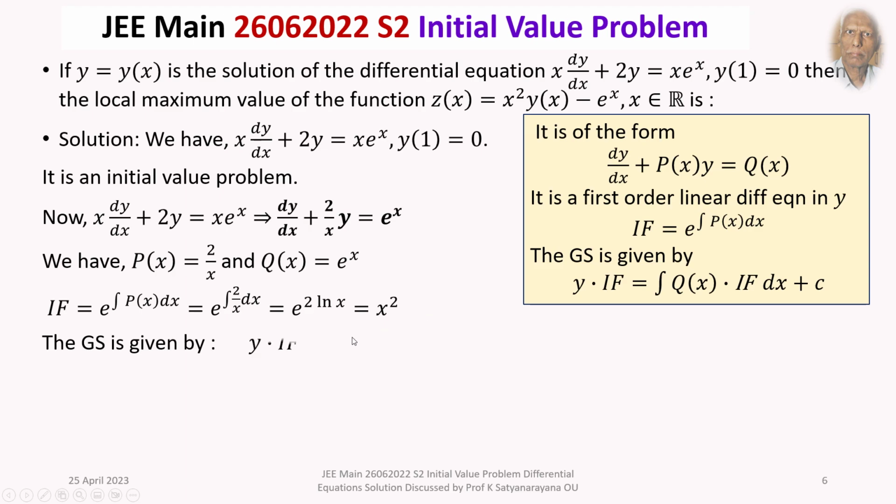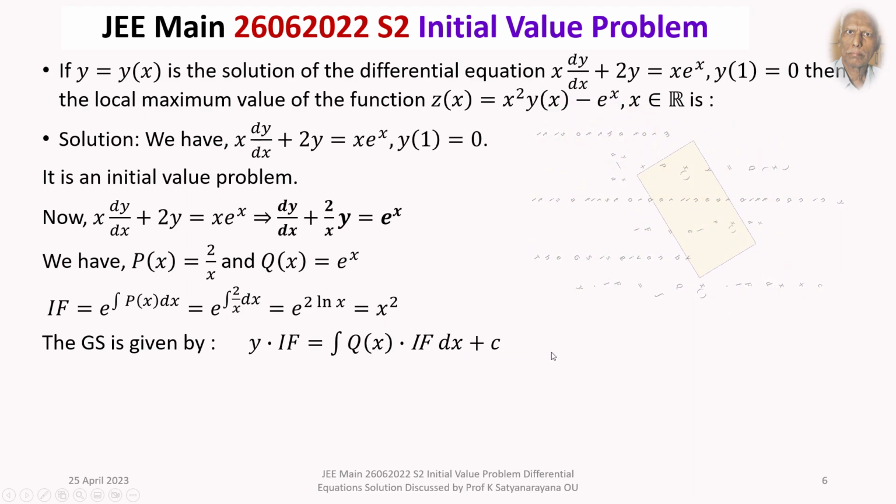Agreed. The general solution is given by y into the integrating factor, that is x square, is equal to integral of q of x, that is the right hand side. The right hand side is e power x into its integrating factor x square dx plus c.